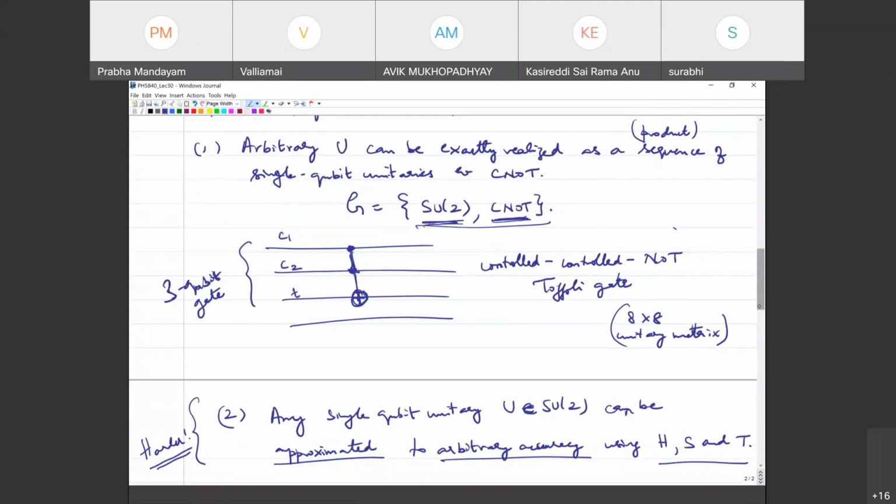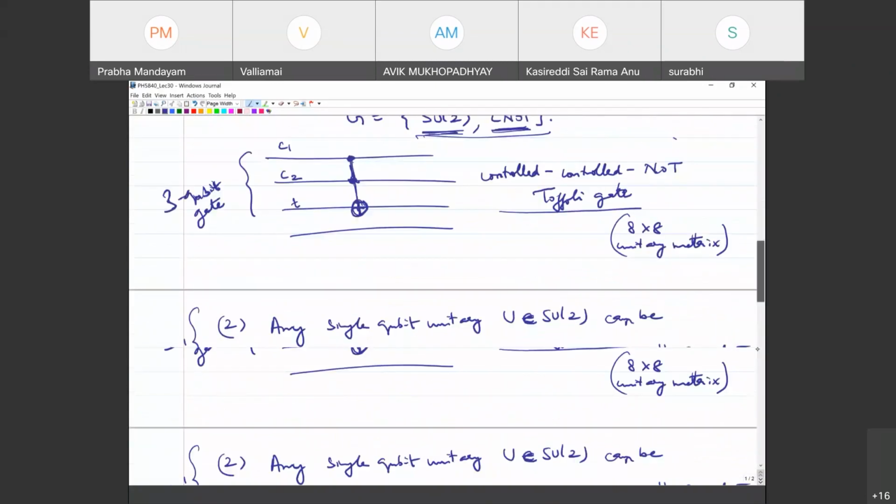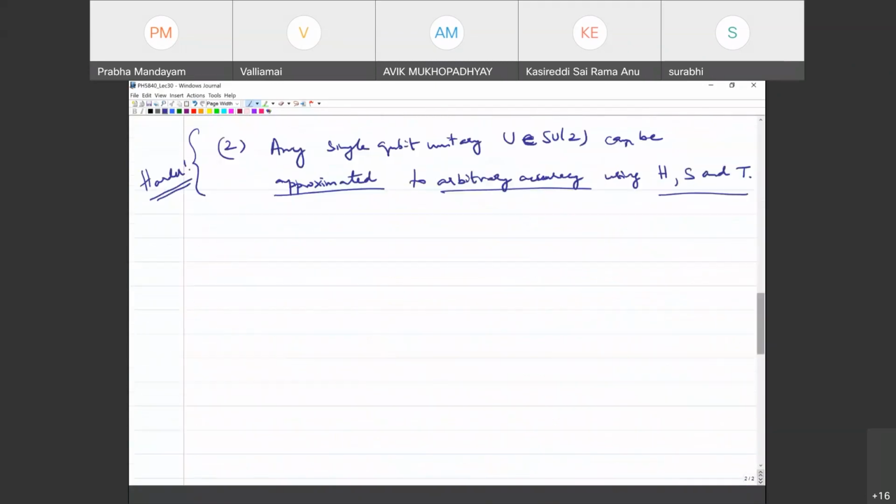Okay. So by the way, this controlled-controlled-not is also an important gate. Like I said, it's called the Toffoli gate. And I should just mention here as an aside that an alternate set of universal gates is to use simply the Hadamard and the Toffoli gate.